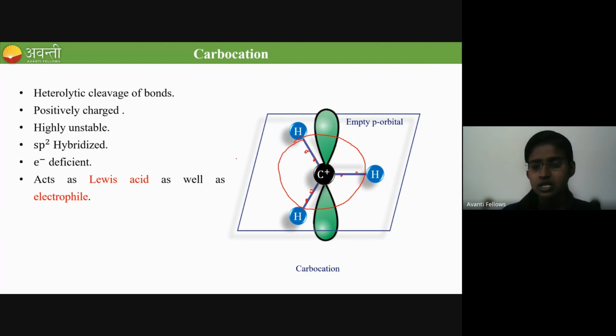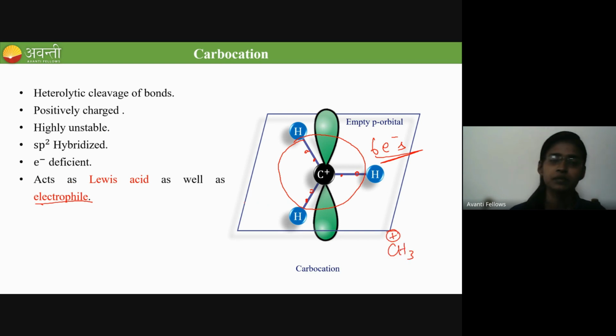So around this carbon, we have only 6 electrons. So 2 more electrons are required to reach the octet configuration. That's why it is acting as a Lewis acid as well as an electrophile. Electrophile means electron deficient compound, positively charged electrophile. Clear?